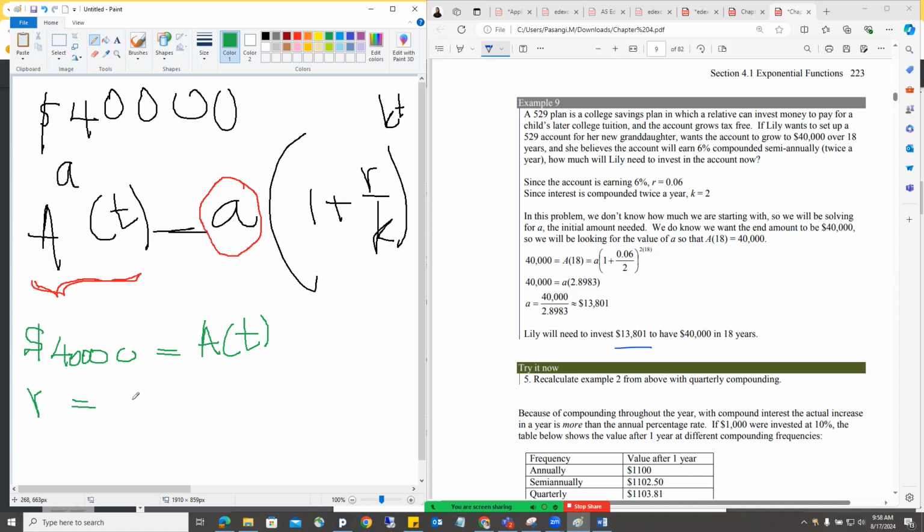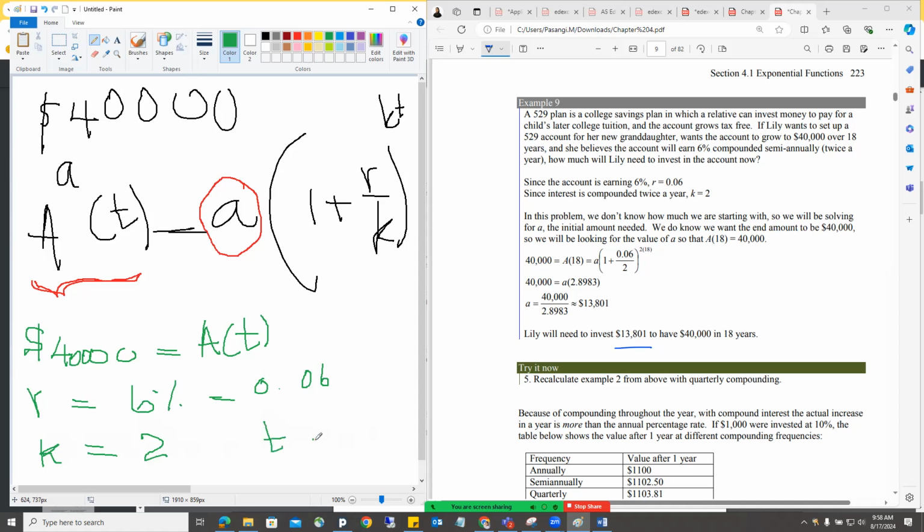So R is the rate. The rate is 6%, which means 0.06. But it's semi-annual, which means per year we will be calculating the interest twice. That is, the value of K is 2.